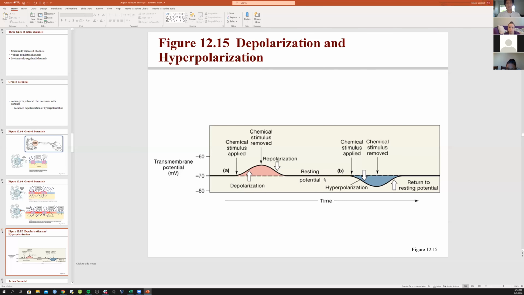This is where the leak channels and the sodium-potassium pump work together to return the cell to the negative 70 resting potential.